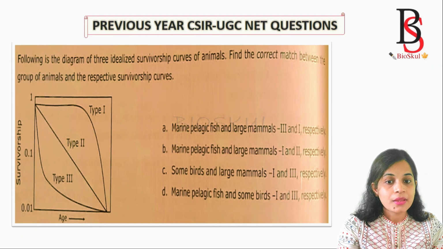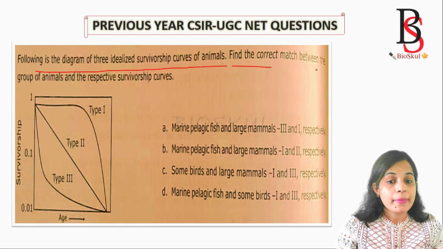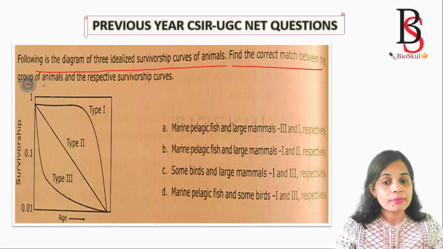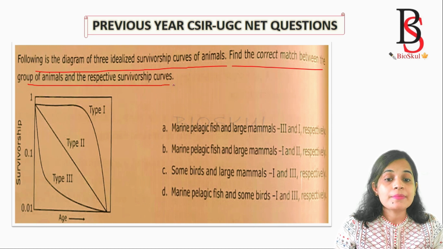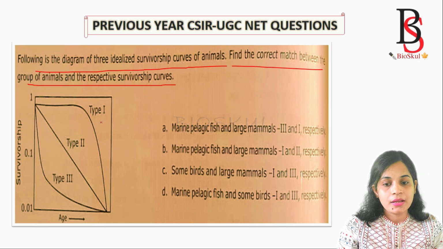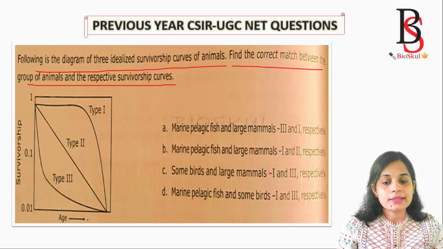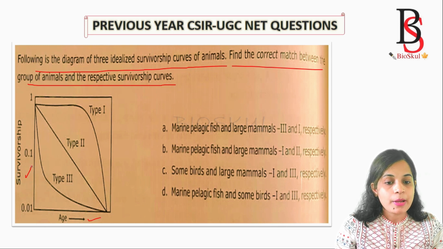Now we'll see the previous year CSIR NET question. Following is the diagram of 3 idealized survivorship curves of animals; find the correct match between the group of animals and the respective survivorship curves. Let's see. Okay, so this is the survivorship curve. The x-axis represents the age, whereas the y-axis represents the survivorship.